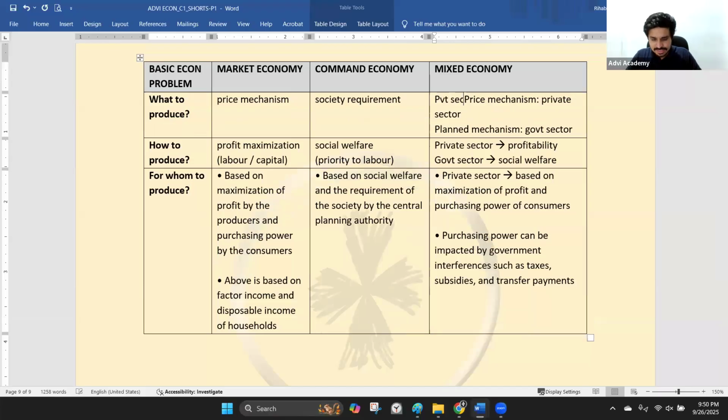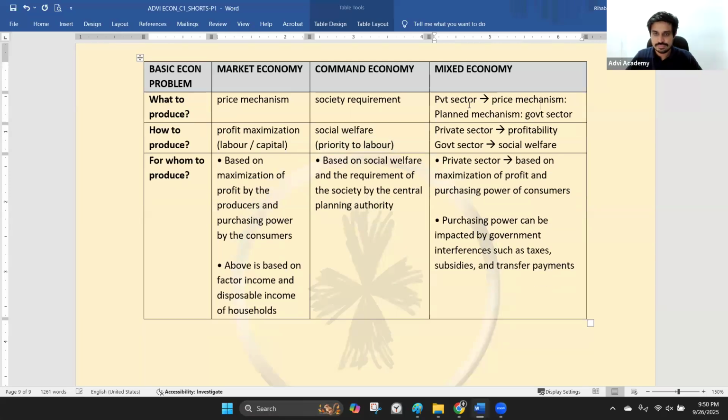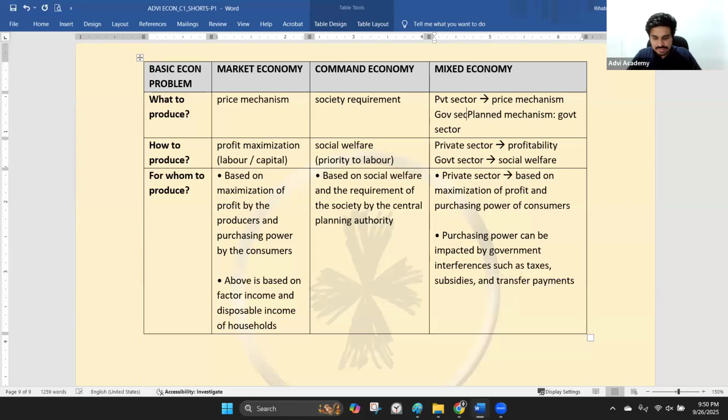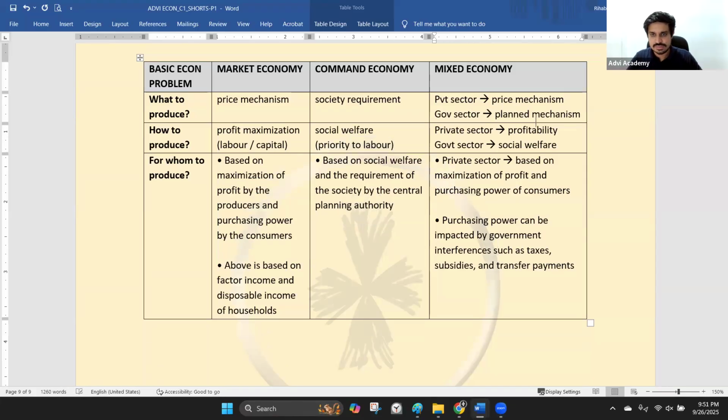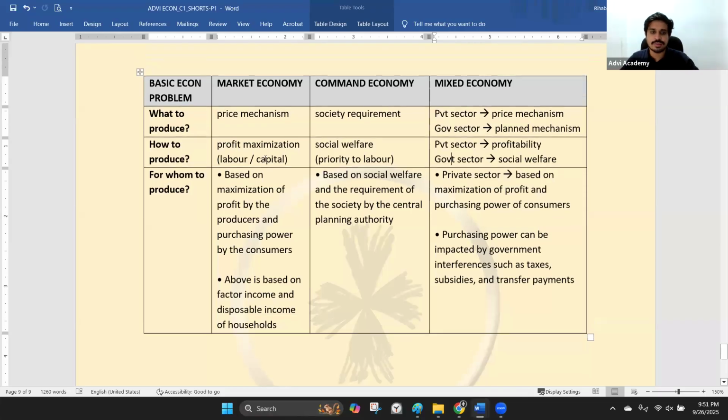So the private sector here goes for the price mechanism, and the government sector here goes for the planned mechanism or social mechanism. Here the private sector will go for profitability and the government sector will go for social welfare. So this is a good summary for you all also. Put it in the short note table.